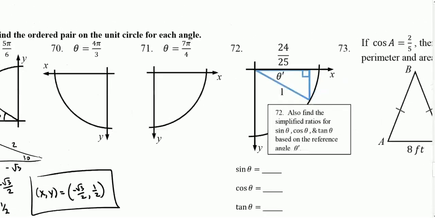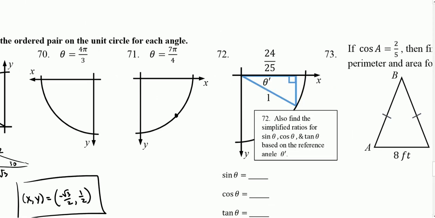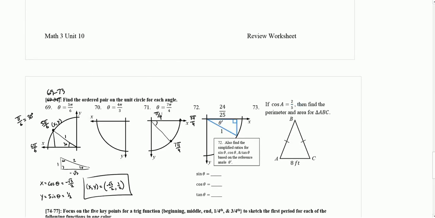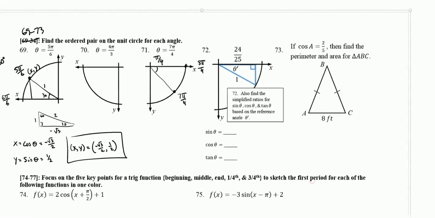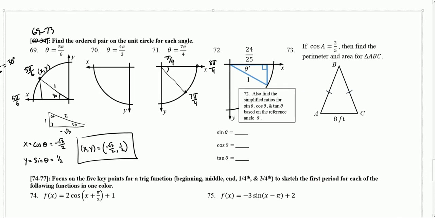For 71, they're telling you it's in quadrant 4 already. So this is where 7 pi over 4 is. Remember, 360 degrees is 8 pi over 4, because that reduces to 2 pi. And so the reference angle is going to be the difference between 8 and 7. Alright, and now on this one, we're looking for the ordered pair, x y.